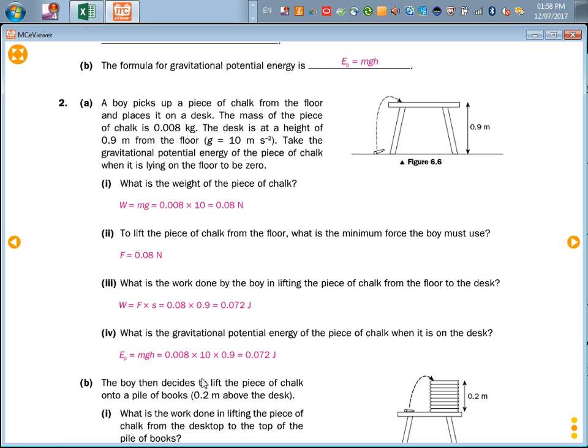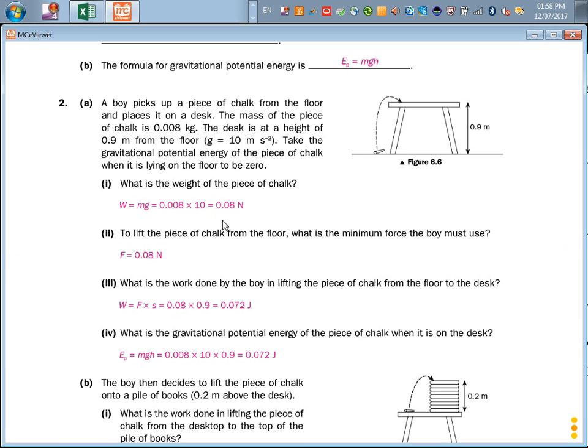So instead of just calculating the gravitational potential energy, we can also find out the weight, which is mg. g is given to be 10 meters per second squared or 10 newtons per kilogram. Multiply it by the mass to get the weight. If you want to lift a piece of chalk up, you need to provide a force that is at least equal to the weight.